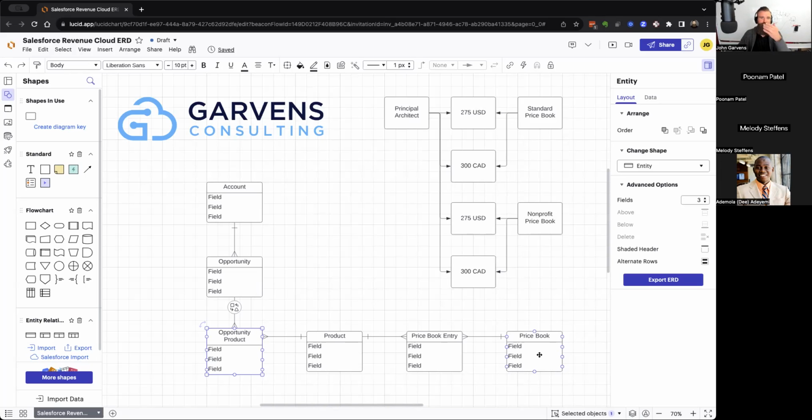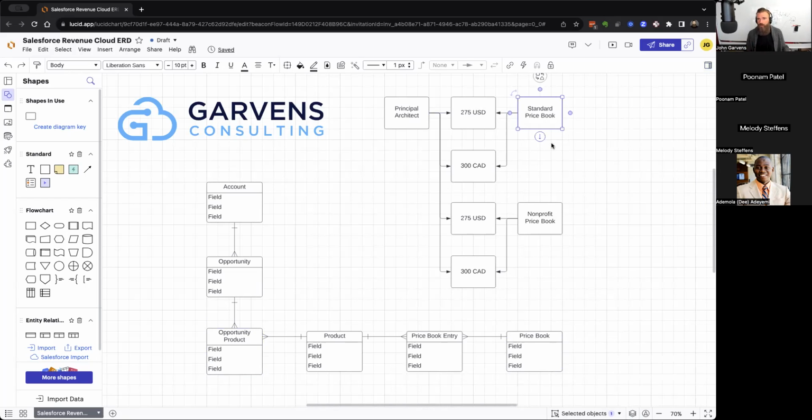But when I'm thinking about the price books and how many do I actually need, another consideration to keep in mind is, here's another scenario you see all the time. I am Acme Corp and I have a standard price book and I got my different products in here, and then I make an acquisition.